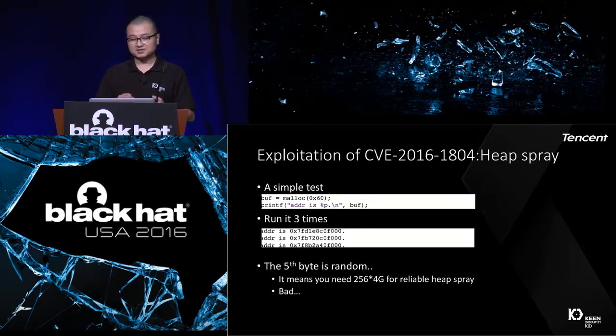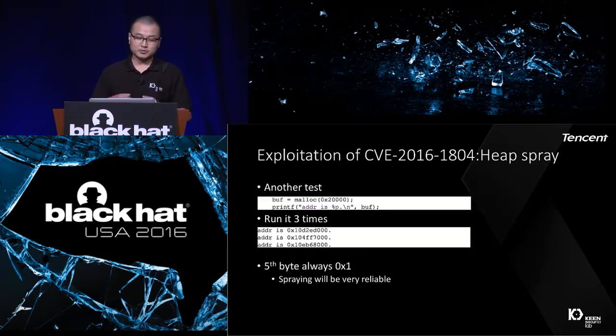So we do a simple test on OS X, and we found that the memory is very random, which we need maybe 1,000 gigabytes, 1 TB for a reliable heap spray, which is very bad. But when we try a bigger allocation, then we find the address is less randomized. So in this case, spraying will be very reliable.